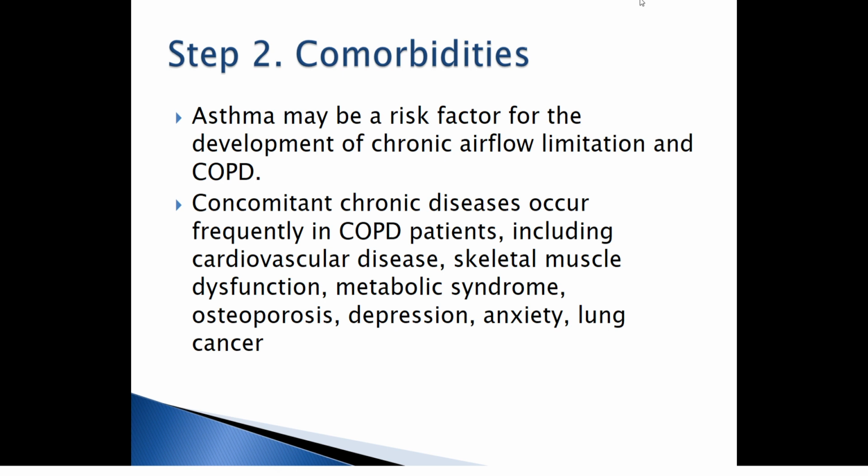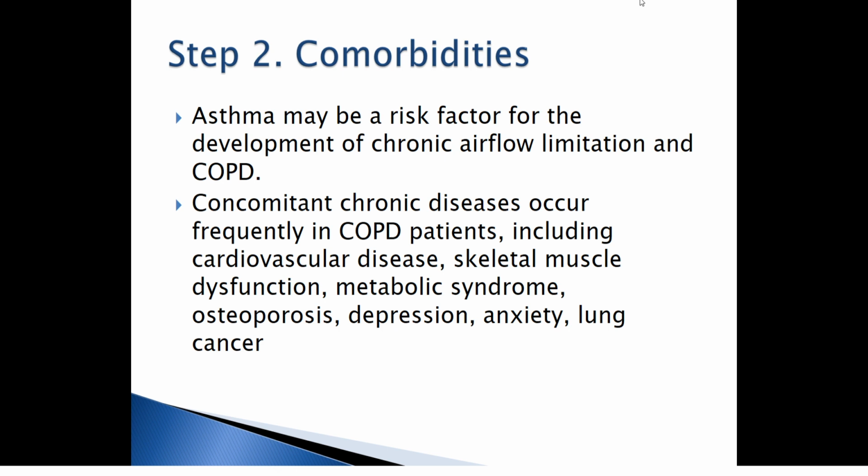Concomitant chronic diseases occur frequently in COPD patients, and these diseases include cardiovascular disease, skeletal muscle dysfunction, metabolic syndrome, osteoporosis, depression, anxiety, lung cancer. So COPD is chronic oxygen insufficiency. So it can cause problems in different organs and systems.